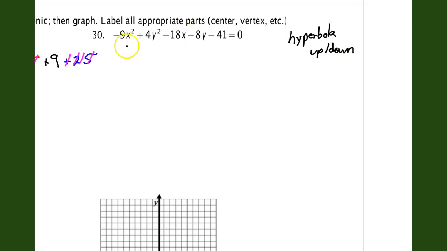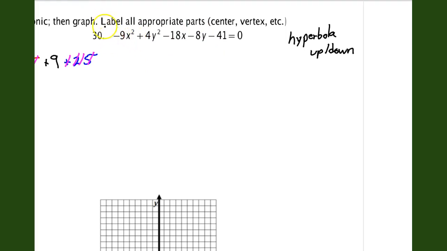We'll do the same process we did with a circle: group the x's together and then the y's together. Usually we write the positive first with a hyperbola, so I'm going to put the y's first because that's positive. So I'm going to have 4y squared minus 8y, leave a little space.